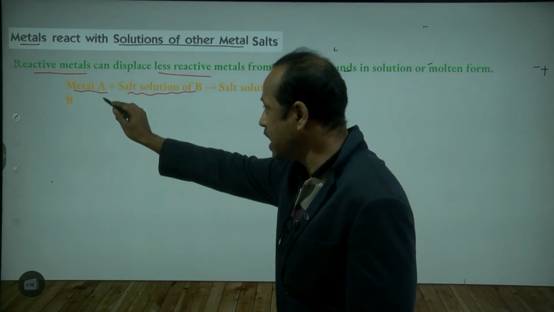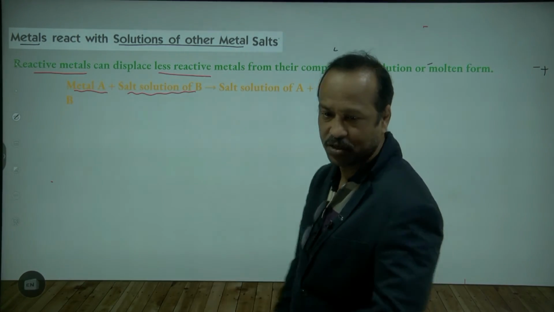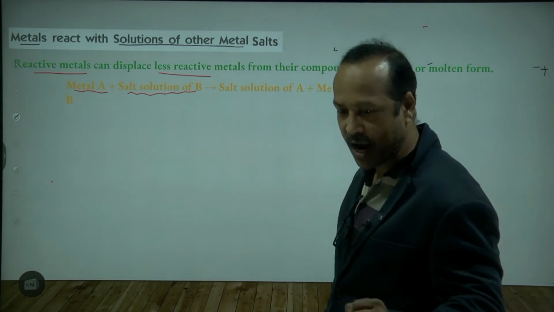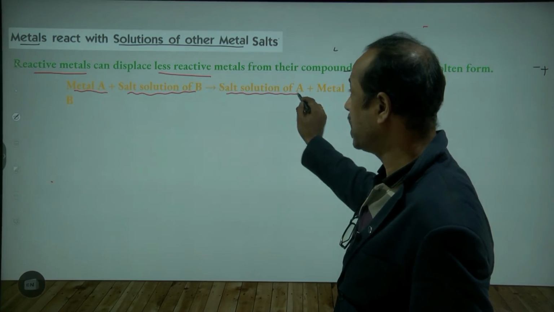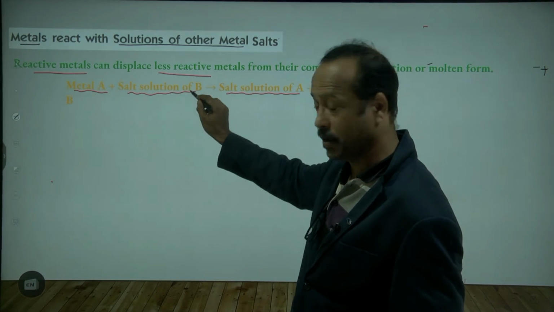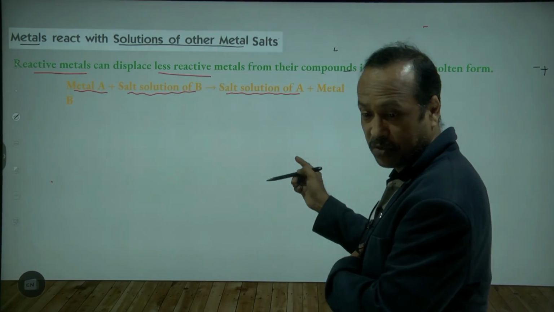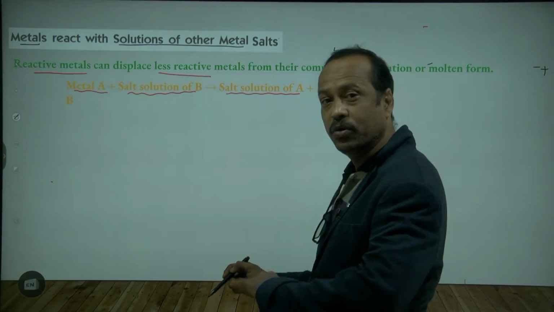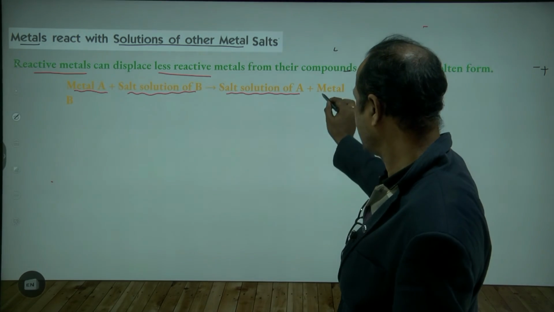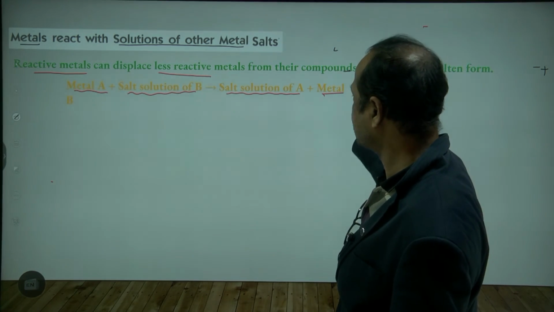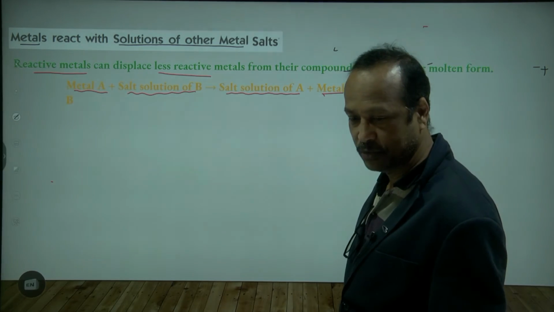Then this A displaces the metal B from it and occupies its place. So it becomes a salt solution of A. Actually, you had taken the salt solution of B, but now it becomes a salt solution of A, because being more reactive it displaces the less reactive element and occupies its place, and metal B comes out. Is this clear to you?